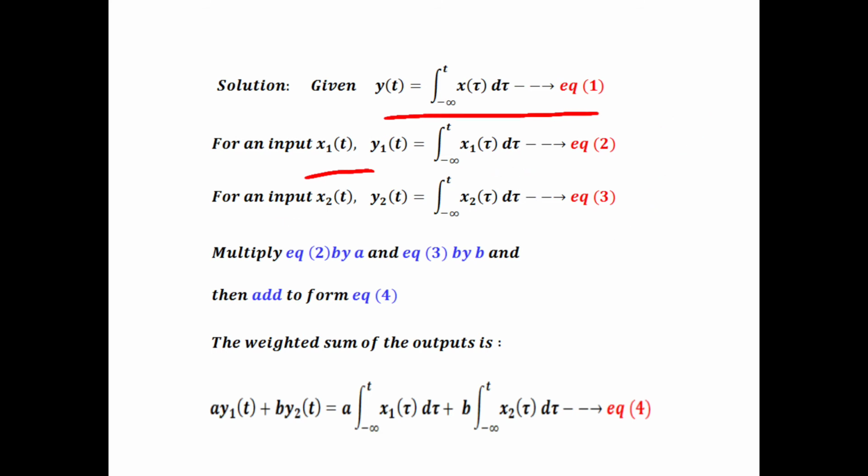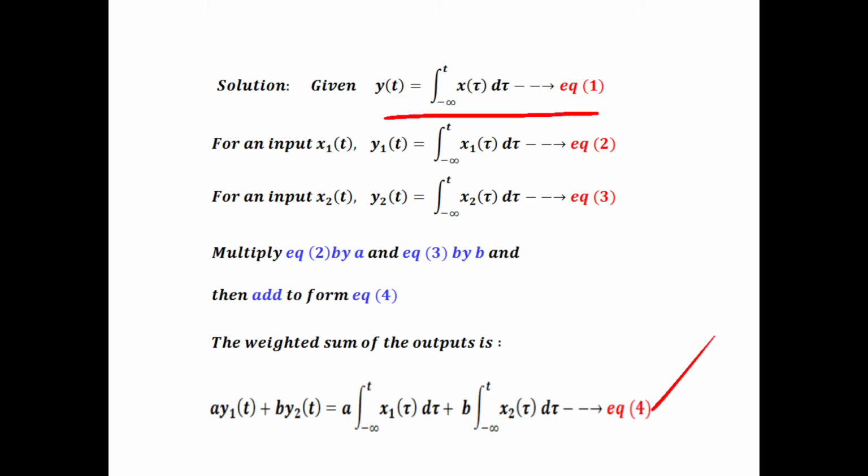Multiply equation 2 by a and equation 3 by b and then add to form equation 4. So a y1 of t plus b y2 of t is equal to a into integral minus infinity to t x1 of tau d tau plus b into integral minus infinity to t x2 of tau d tau. This will be equation 4.